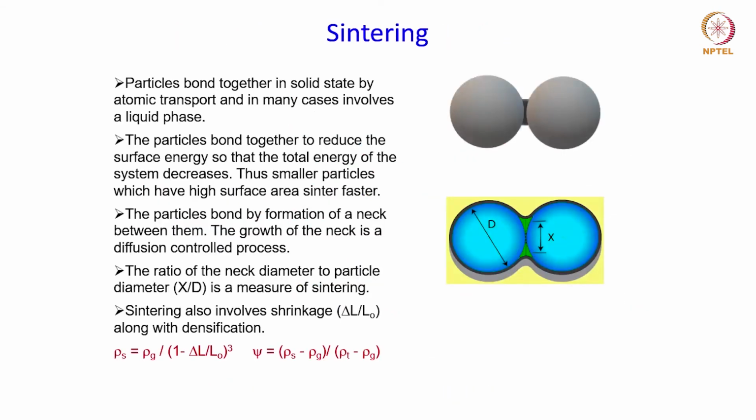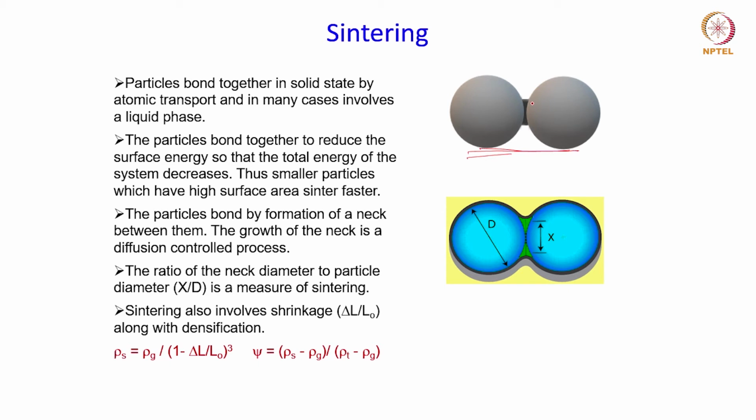Now if you look at how the process happens, first we can just see how two particles bond when they are heated to a particular temperature for the sintering process. So let's say we have these two particles which have formed a point contact during the compaction process, and as they are heated now for the sintering process, this contact will grow in the form of a neck, right?